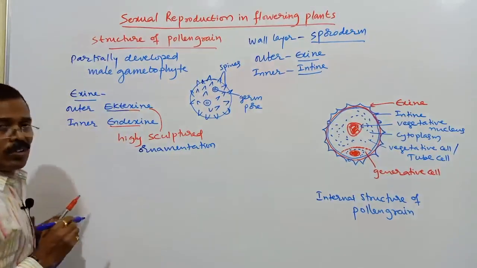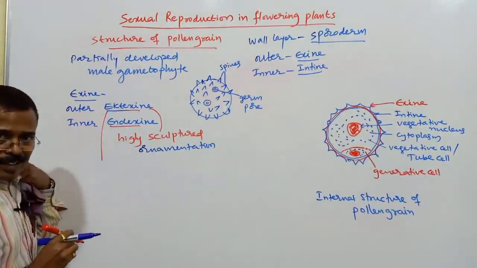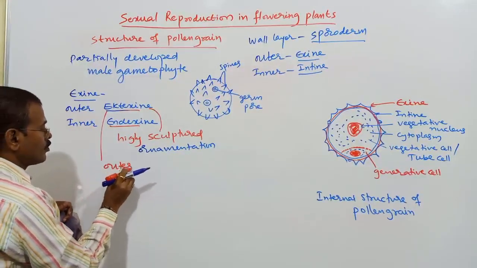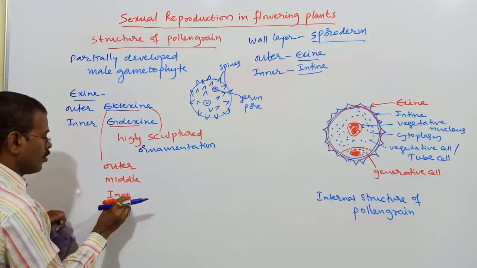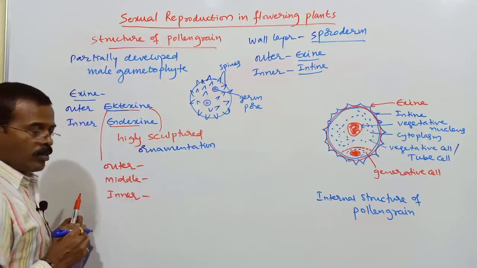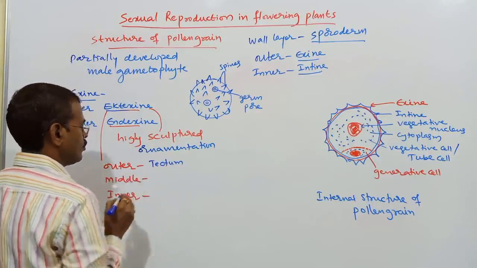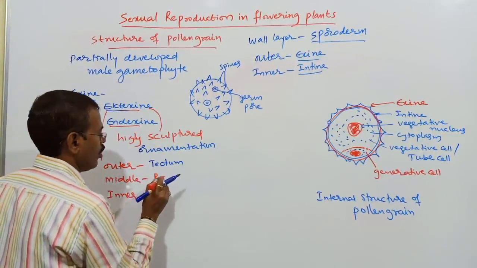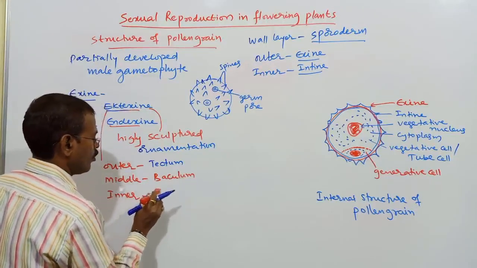This ectexine is further differentiated into three layers. These are the outer tectum, middle baculum, inner foot.